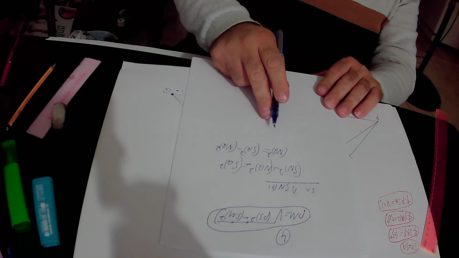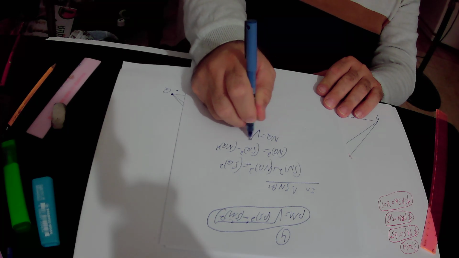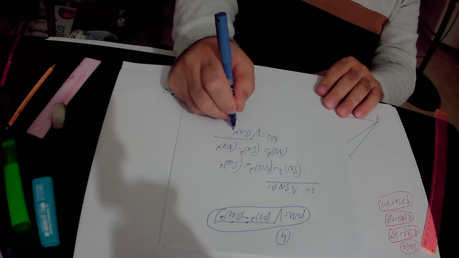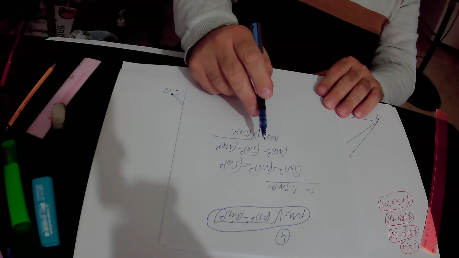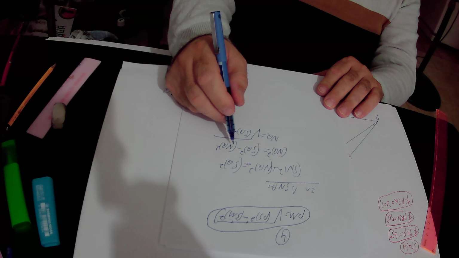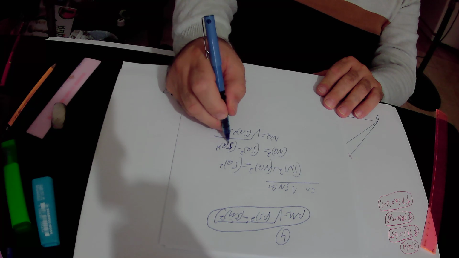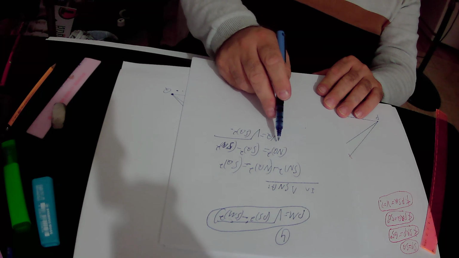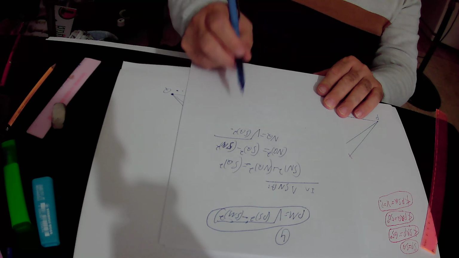We will take a root out of this equality, and we will get that NQ is equal to the root of SQ square minus SN square. Again, we subtracted SN square from this equality, so we got that NQ square equals SQ square minus SN square, okay?